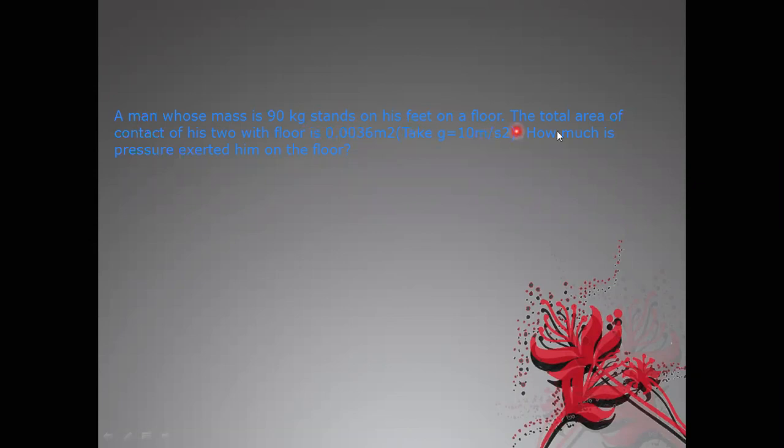The total area of contact of his 2 feet with the floor is 0.36 meter square. Take g equal to 10 meter per second square. How much is the pressure exerted by him on the floor?